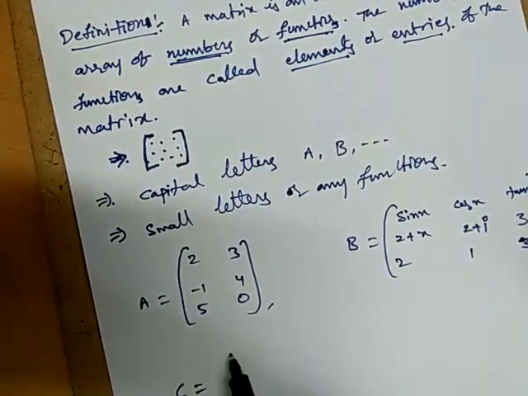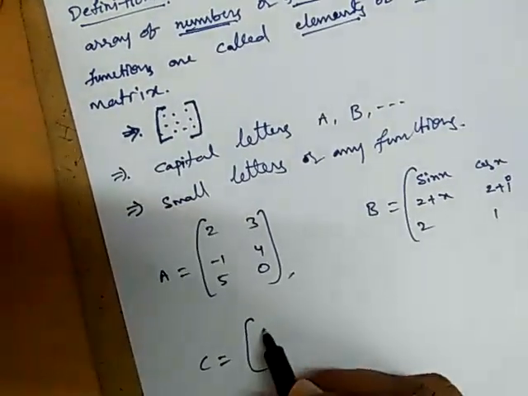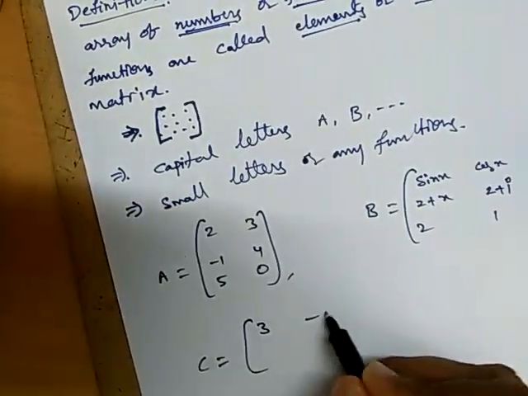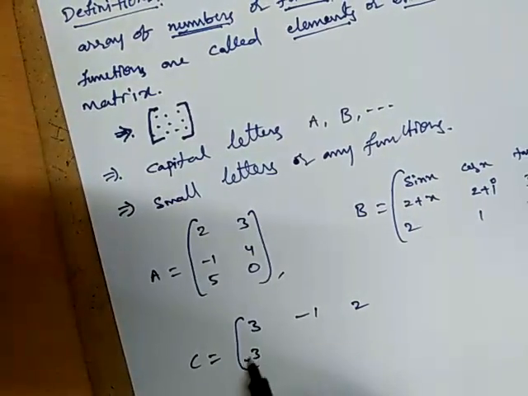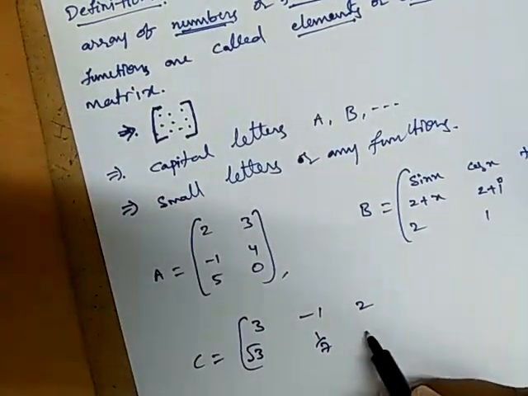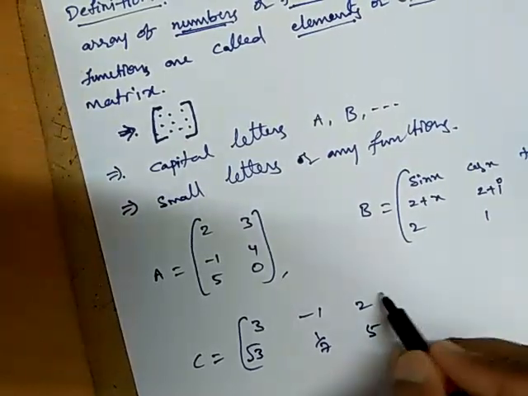C equals, I am taking another matrix: 3, -1, 2, √3, 1/7, sum 5.